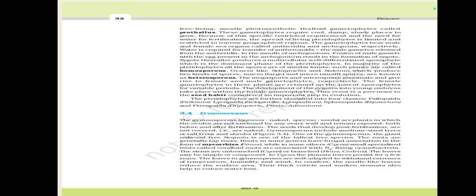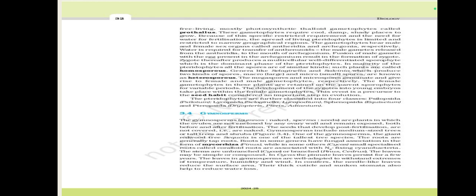Mostly photosynthetic thalloid gametophytes called prothallus. These gametophytes require cool, damp, shady places to grow. Because of this specific restricted requirement and the need for water for fertilization, the spread of living pteridophytes is limited and restricted to narrow geographical regions. The gametophytes bear male and female sex organs called antheridia and archegonia, respectively.